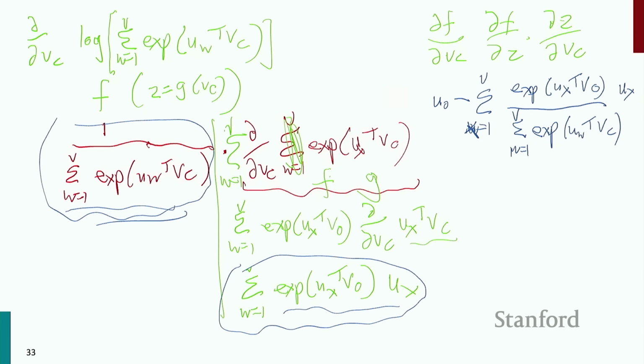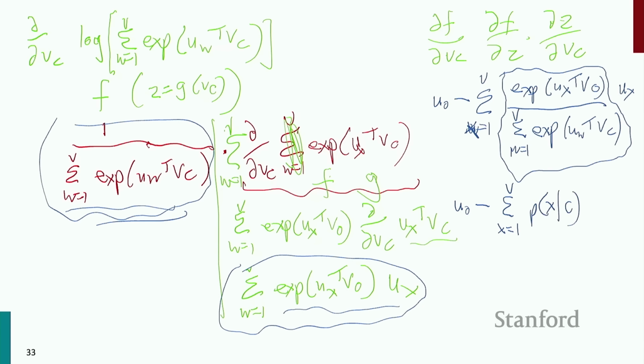Okay, so we can rearrange things in that form, and then lo and behold, we find that we've recreated this form of the softmax equation. So we end up with u_o minus the sum over x equals 1 to V of the probability of x given c times u_x.